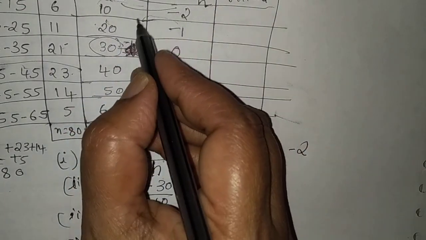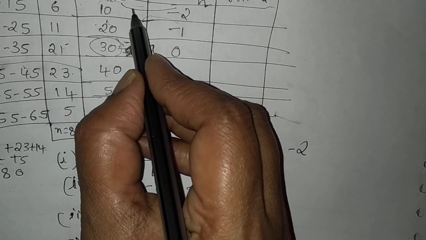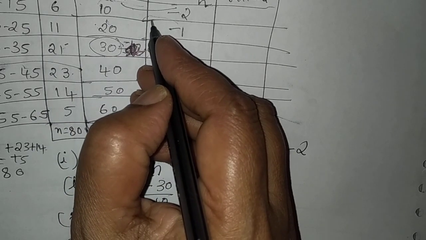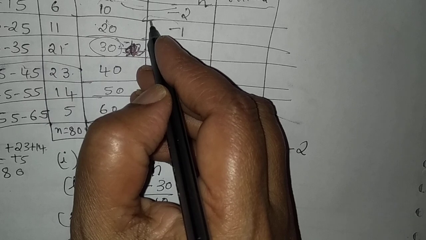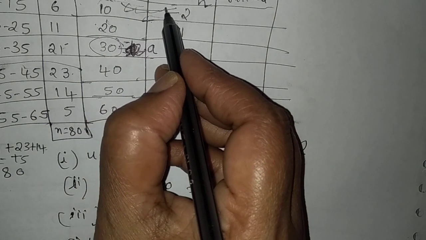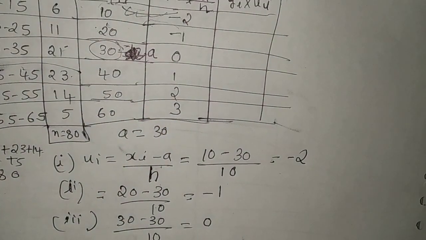Then multiply these two, that is Fi into Ui.